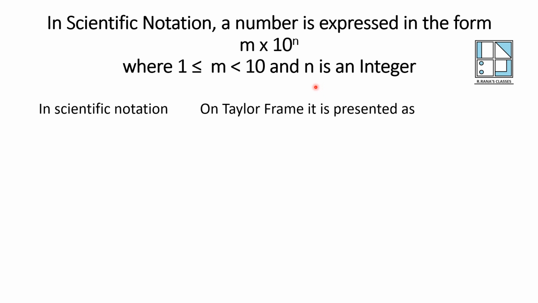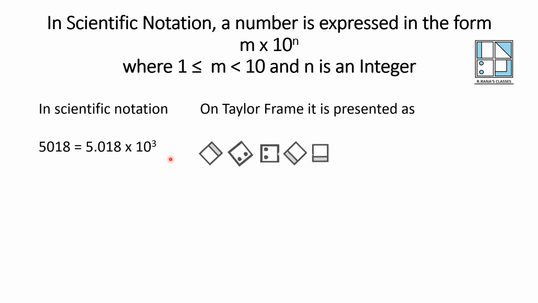Now let us see how we can write numbers in scientific notation. 5018 is a 4-digit integer, but we have to put the decimal after one place because m is a single digit number greater than or equal to 1. So we write it as 5.018 into 10 raised to power 3.